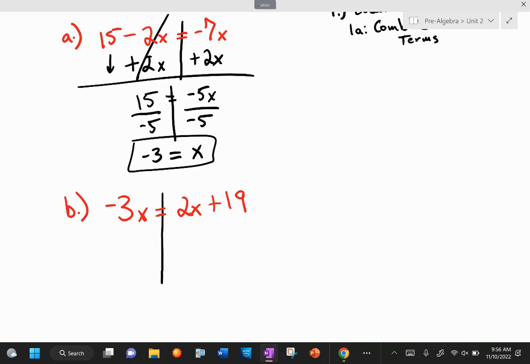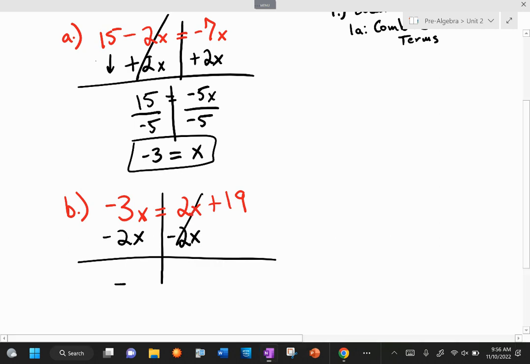I'm going to move away from the side that has more stuff on it, basically. I'm going to look at this side because it's got more going on. I see this 2x right here. How do I move 2x over? I'm going to move the whole thing. So I've got to have it cancel out over here. The 2x's cancel out. That gives me negative 5x on the left equals 19 on the right.